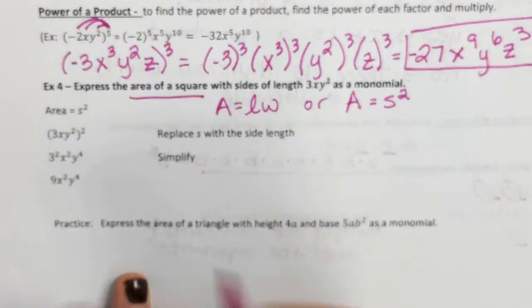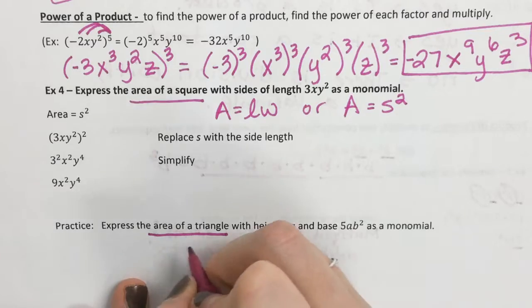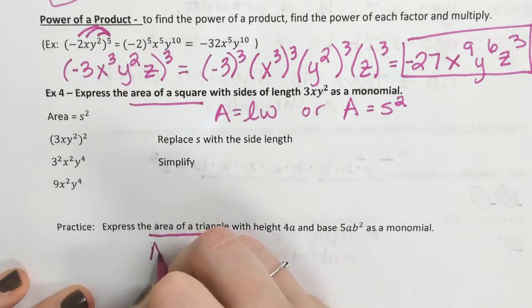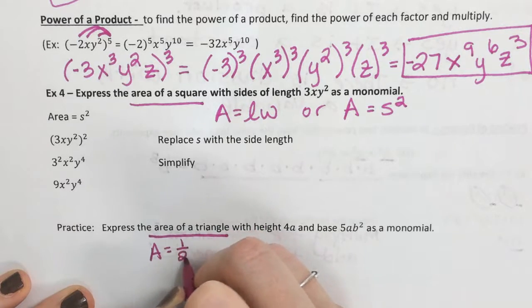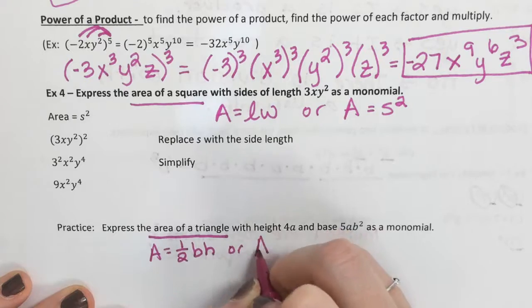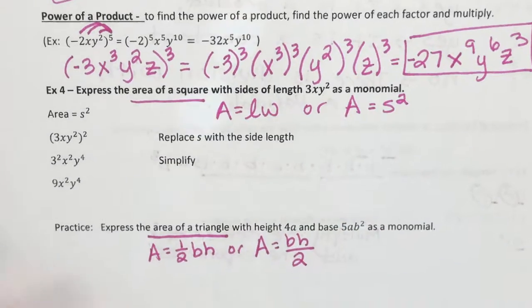And the next one we're going to do is area of a triangle. For that one, you can either think of it as area equals 1/2 base times height, or you can think of it as area equals base times height divided by 2. Whichever you prefer is fine.